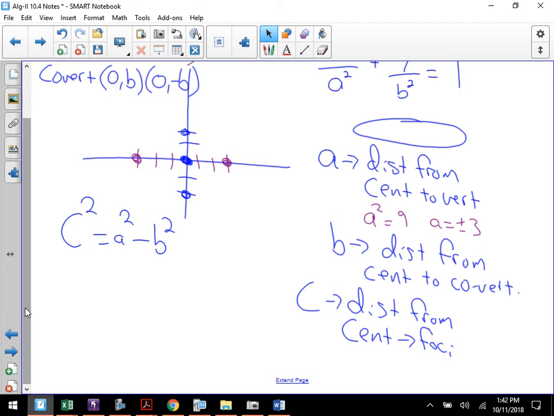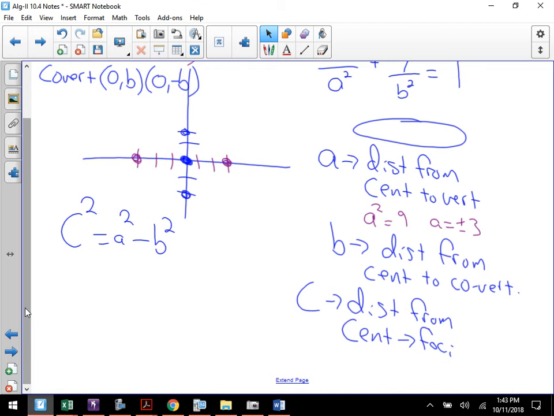We'll come back to that on Monday. A is always the distance from the center to a vertex. This will always remain constant. B is always the distance from the center to a covertex. This again also stays true.